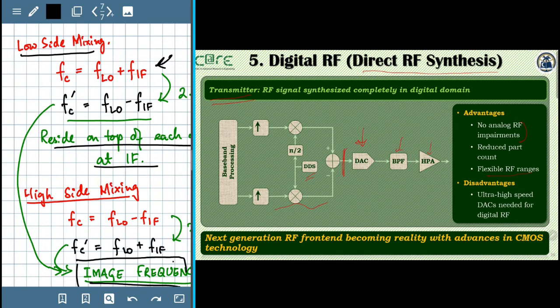Ultra high speed DACs are needed to realize this digital RF architecture, but with the advances in CMOS technology, this is becoming more and more easily possible, and that explains why the industry is moving towards this digital RF technology.